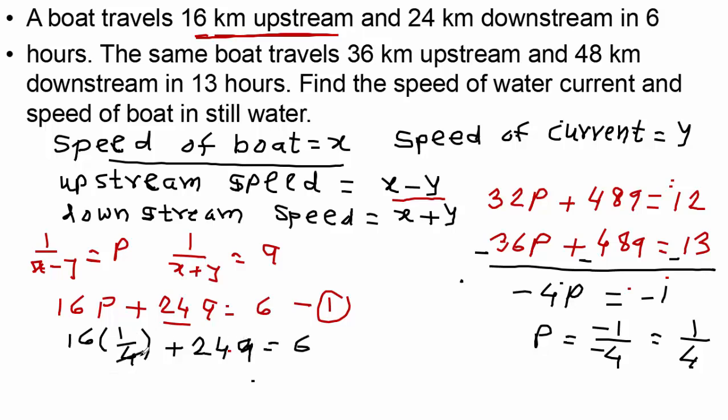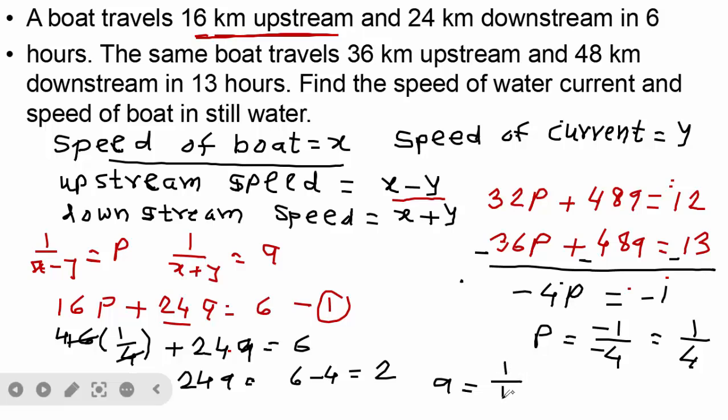This 4 cancels with the 16: 4 fours are 16. Therefore, 24q equals 6 minus 4 equals 2. Therefore, q equals 2 by 24, that means 1 by 12. Thus, we got the values of p and q as 1 by 4 and 1 by 12.